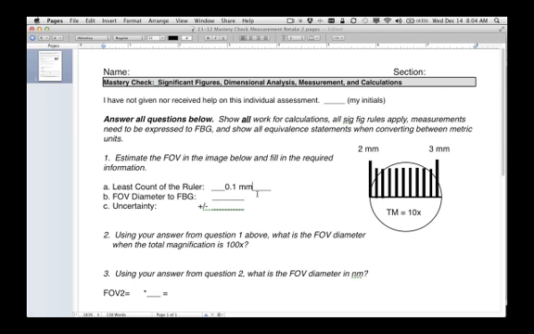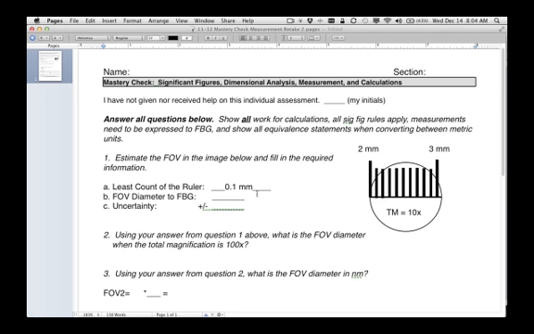Then the FBG, we need to figure out the diameter to first best guess of this field of view. So by doing that, we know it's at least 1 millimeter. Now, we need to actually decide whether to divide the least count into 2, 5, or 10 spaces. So the first best guess then would become a fraction of the least count of the ruler.